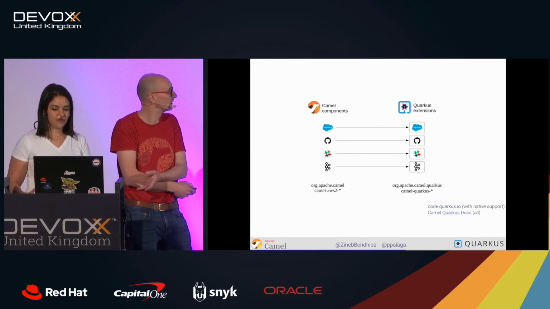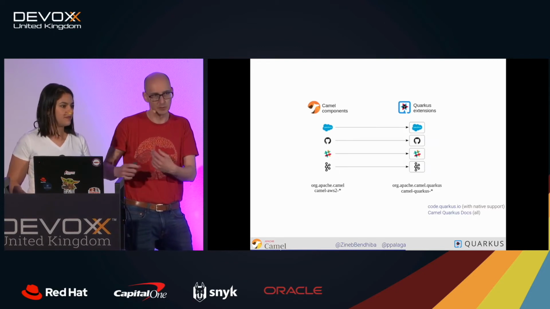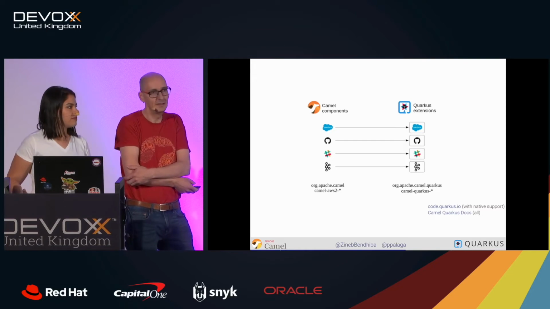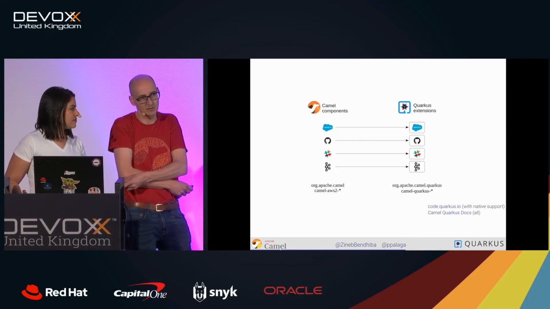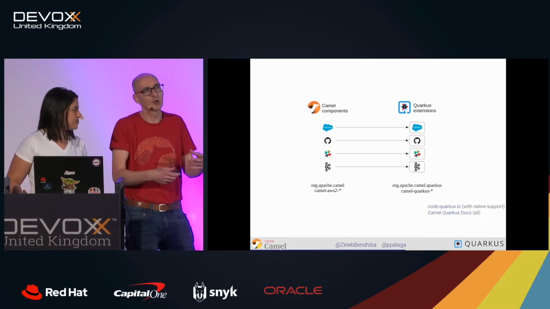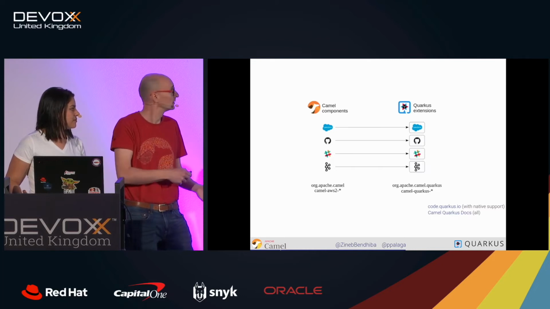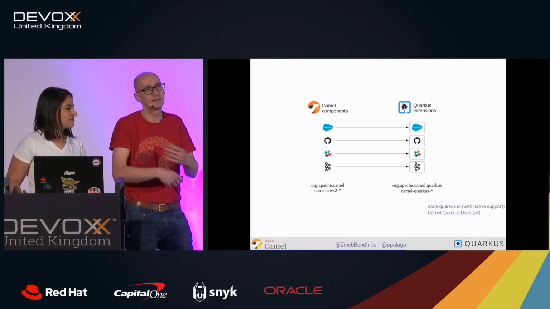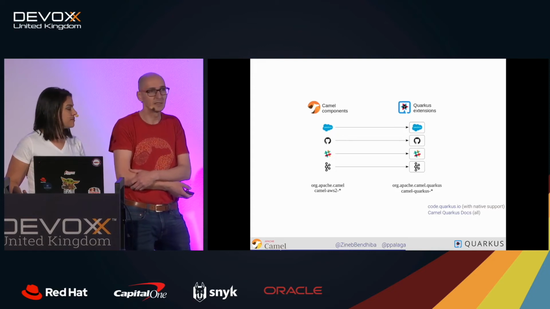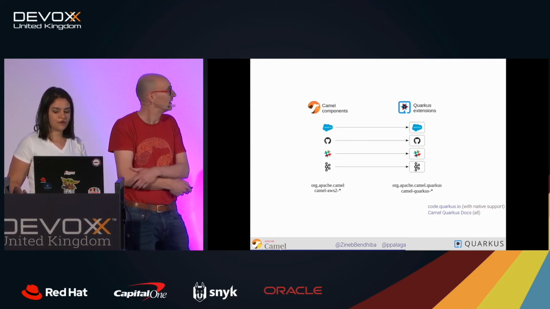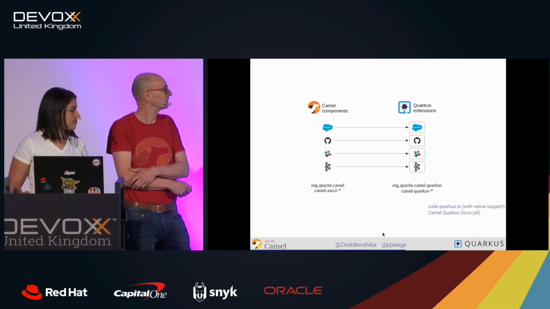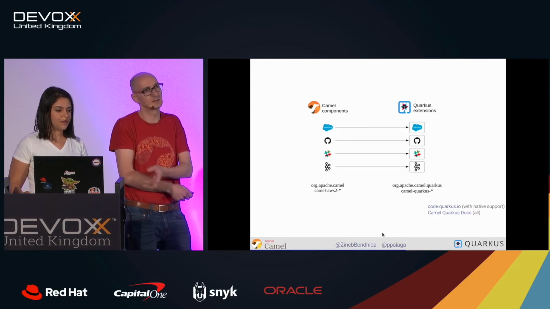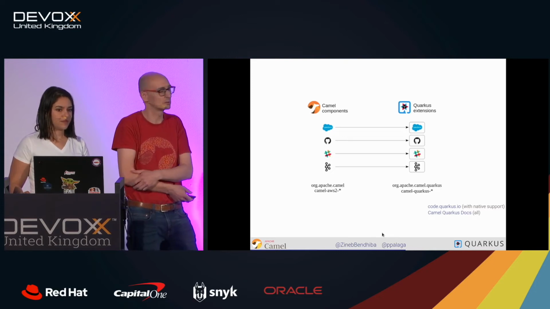The packaging is called a Quarkus extension, and the project we are both most active in is doing exactly that, taking Camel components and packaging them as Quarkus extensions, adding code that analyzes these input components, and adding GraalVM native configuration and things like that. It's important to note here that these Camel components live in the org.apache.camel namespace, and these here live in a different namespace that you are supposed to use when you want to run Camel on Quarkus.